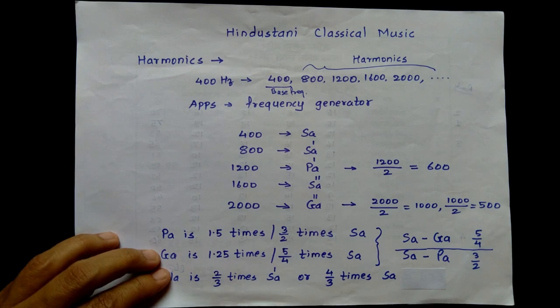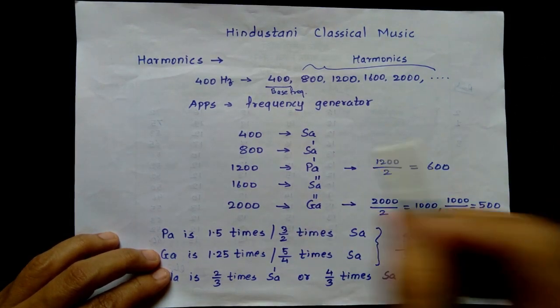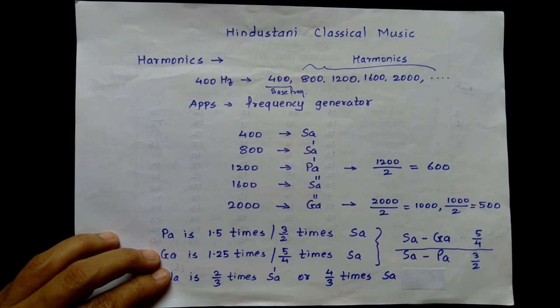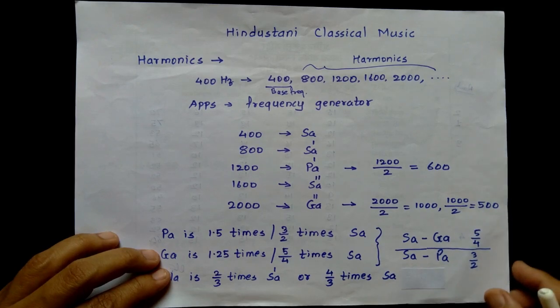So, if I sing sa and I ask some other person to sing sa with the same frequency, the same pitch, then he also sings sa. We can easily identify the two voices. That earlier was my voice and the other was some other person's voice.